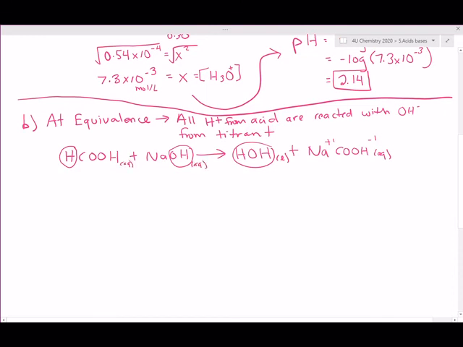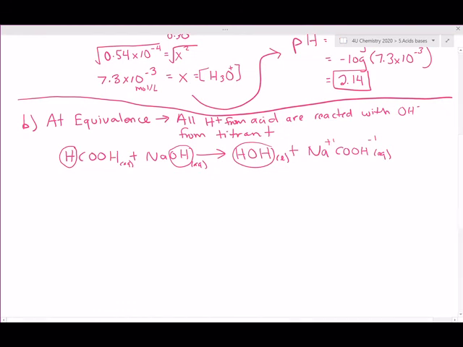All right. So this is where we have to realize why we end up with a weird pH that isn't 7. Because the water is neutral, okay, and all of this is gone. So this is all turned into water and these ions when we have reached equivalence. Now, if you think of our last lesson, sodium is coming from a strong base like sodium hydroxide.